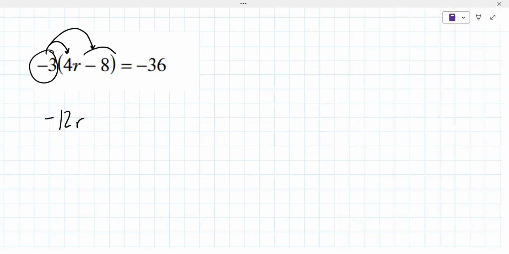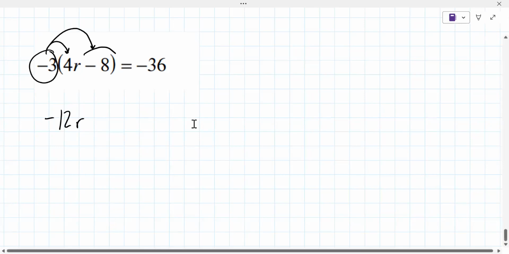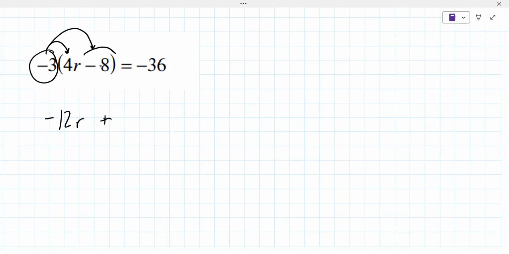Yeah. Okay. Now we're going to take the -3 and multiply it by the -8. 2 negatives make a positive. 3 times 8 is 24. And then you bring the other stuff down. Okay. So -12r plus 24 equals -36.